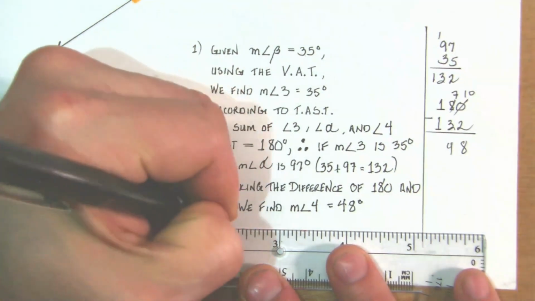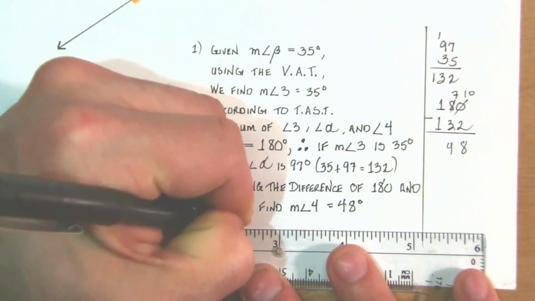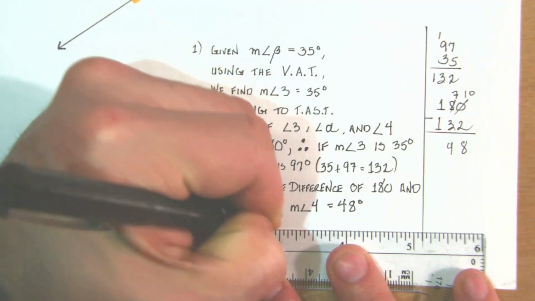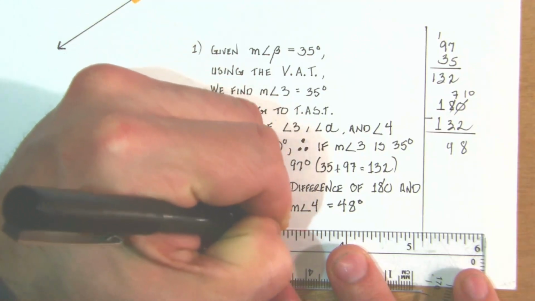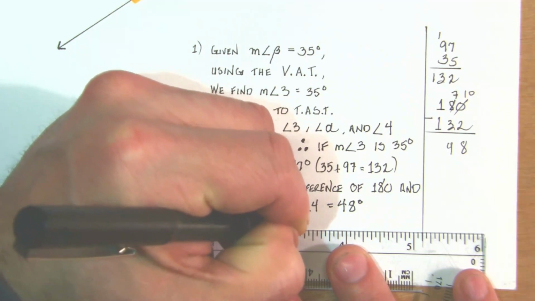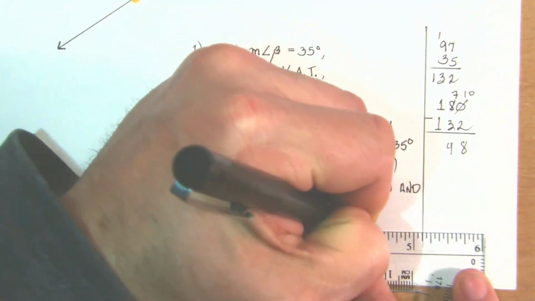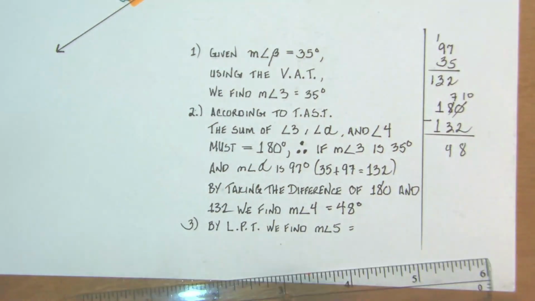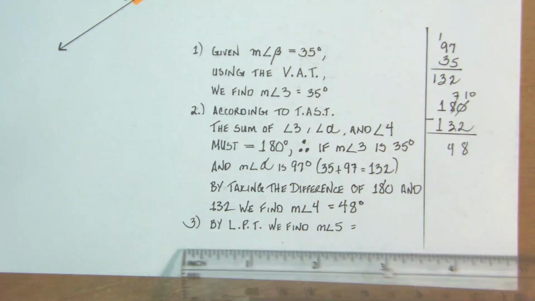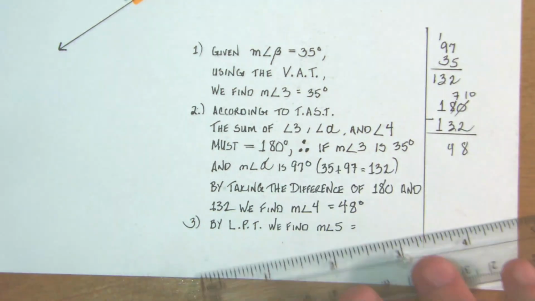By the linear pair theorem, we find the measure of angle 5 equals, and now we just have to do 180 minus 35.